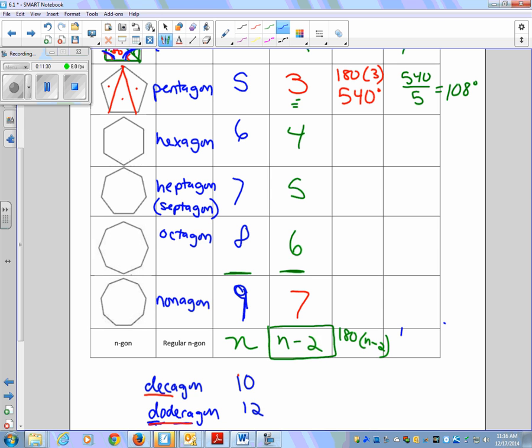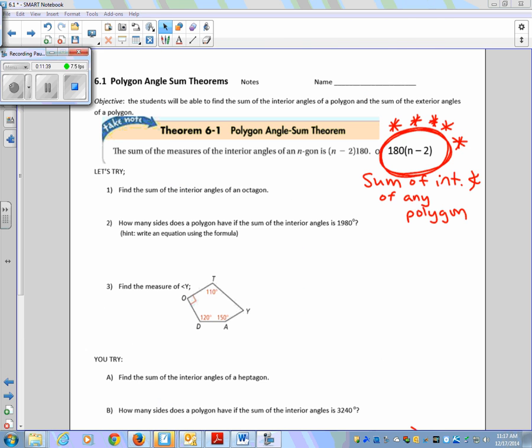Each interior angle, we're going to just take the sum and divide it by the number of sides. First of all, stars and box or circle or whatever, there's your formula right there. That is the most important piece of information on this front side of this piece of paper.